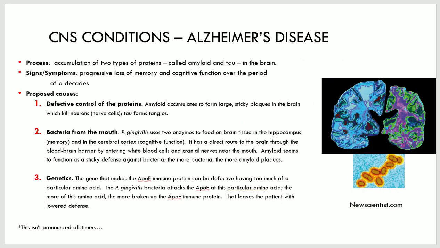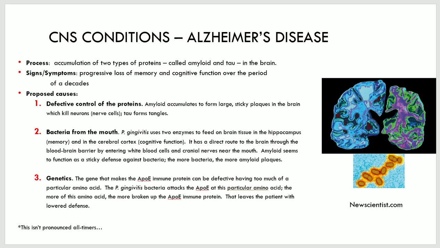Alzheimer's, so not Alzheimer's, right? It's Alzheimer's. There's a lot going on here, and I don't necessarily want you to know the super details, but I want you to know the overall what's happening with Alzheimer's. So here, it's an accumulation of amyloid protein and tau protein in the brain.